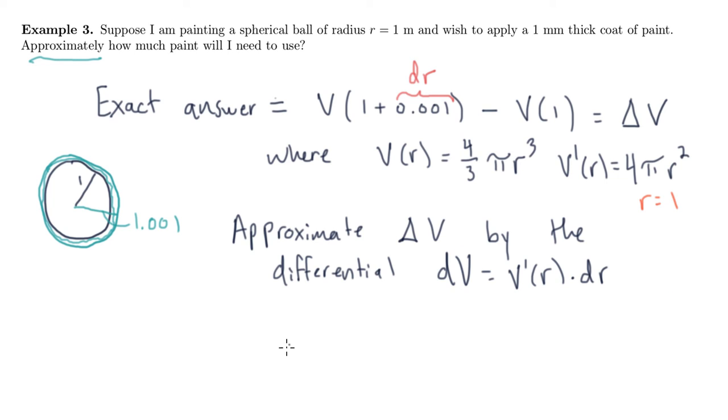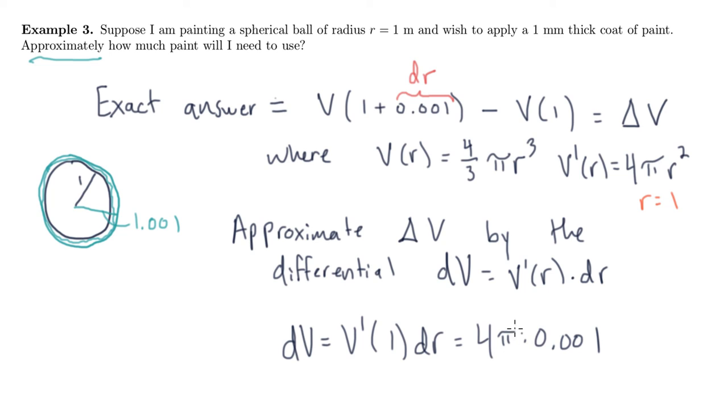So dV is V prime of 1, which is 4 pi, just plug in 1, and then times dr, which is 4 pi times 0.001.